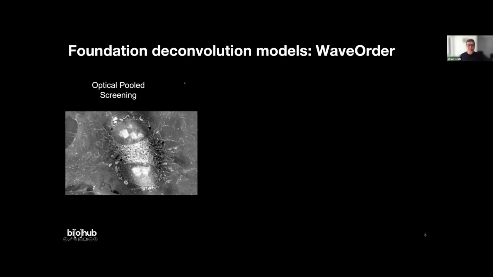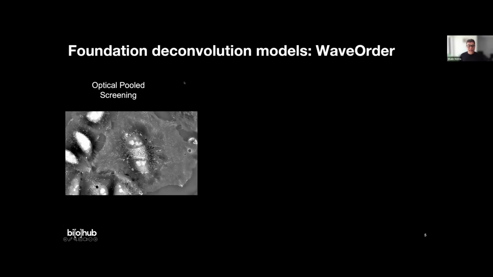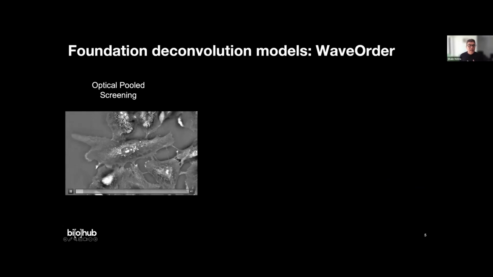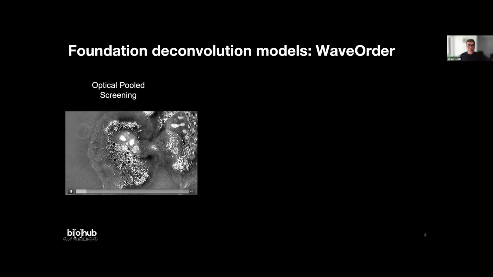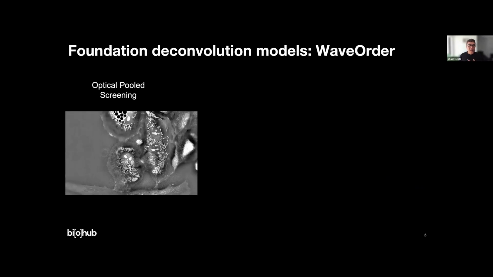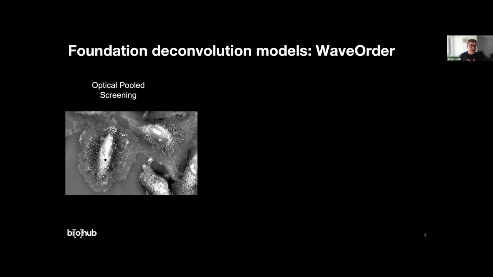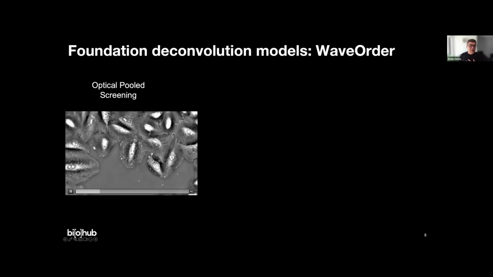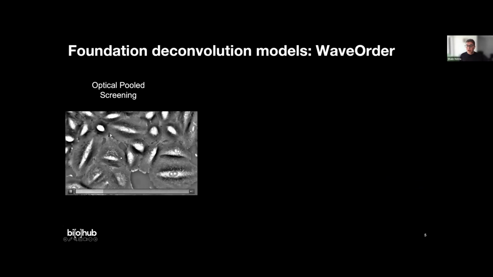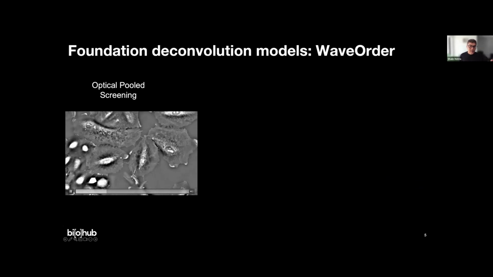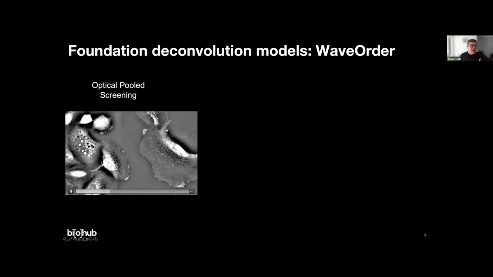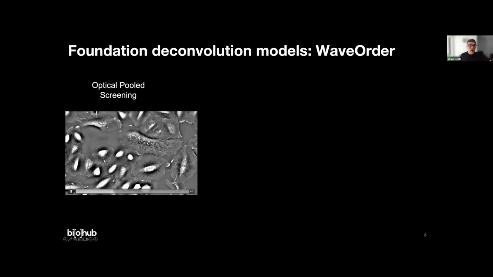So I'm going to first start with some examples of data we can collect. So we are looking here at quantitative phase images of A549 cells that have been perturbed with a pool of perturbations. And you can see that from this data, we can see subcellular architecture, also the phenotypes of cells.